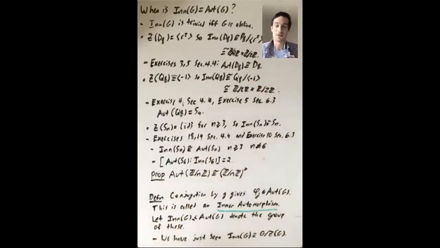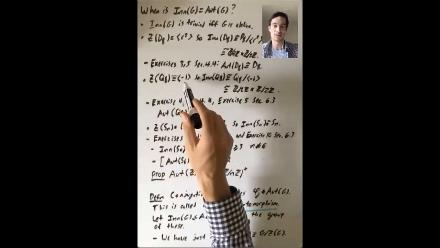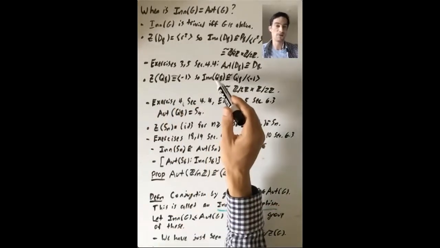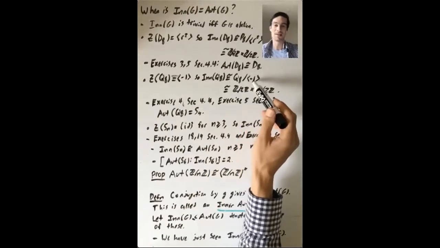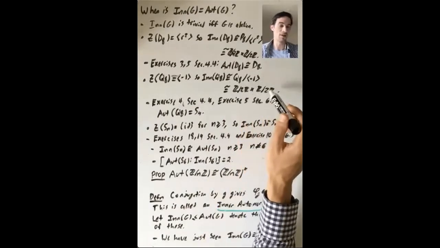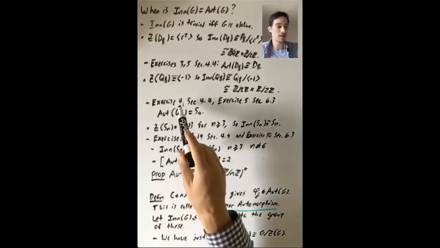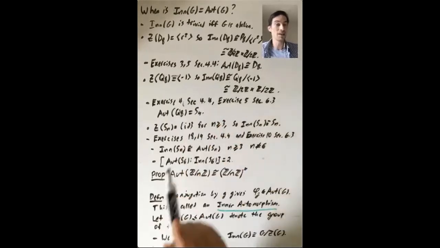So what about the quaternion group of order 8? The center there is the cyclic subgroup generated by -1. So the group of inner automorphisms is isomorphic to Q8 mod this center, which is isomorphic to Z/2Z cross Z/2Z. Same kind of thing. So what is the whole group of automorphisms? Exercise 4 in section 4.4 plus something much later.